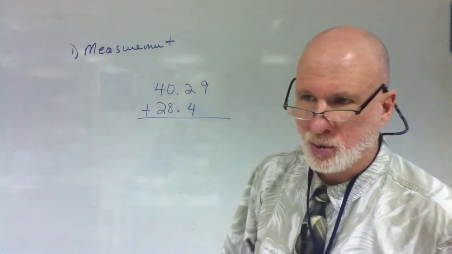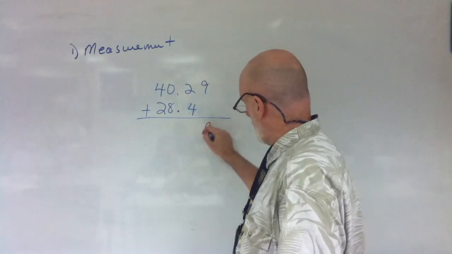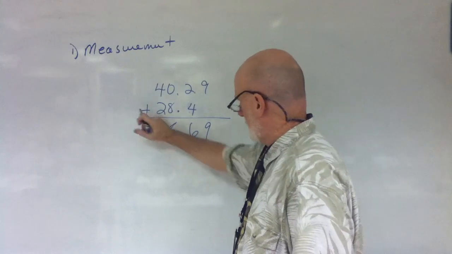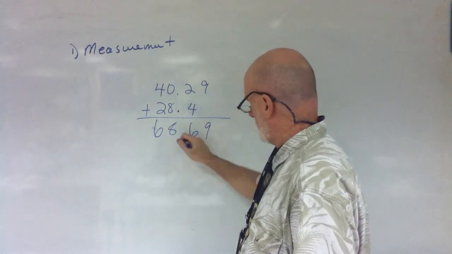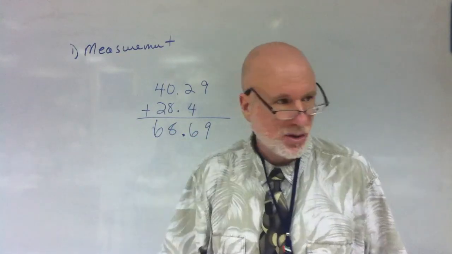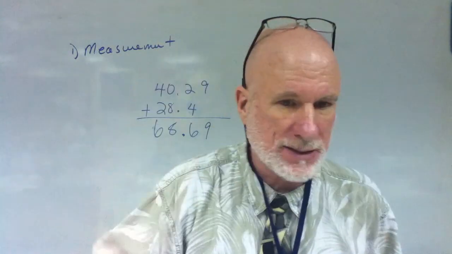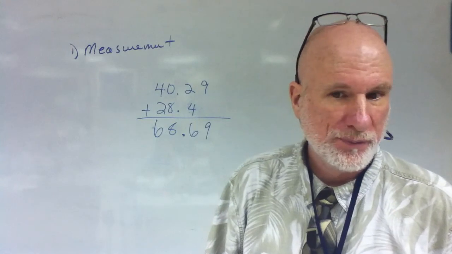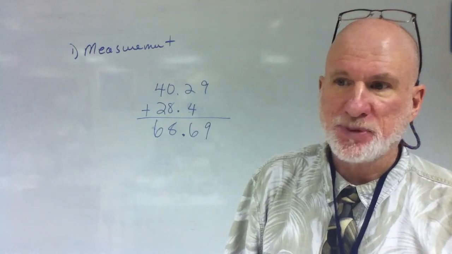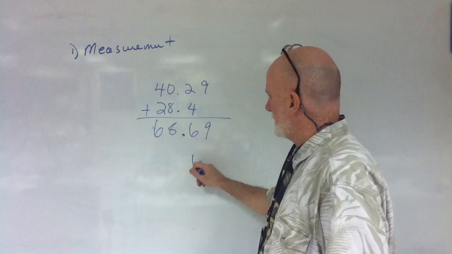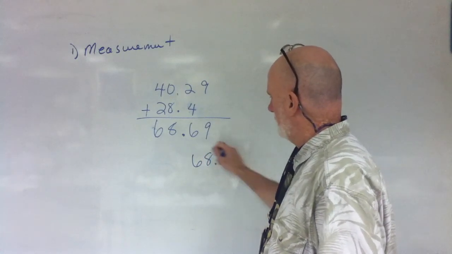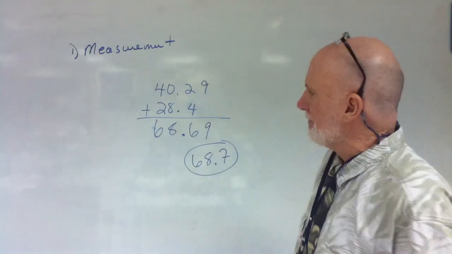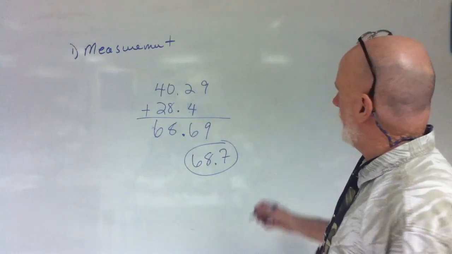If we do the arithmetic, that's going to be 68.69, right? Because when you add or subtract, it's equivalent to the least precise, so 68.7 will be the answer, correct? Now, let's rewrite this.